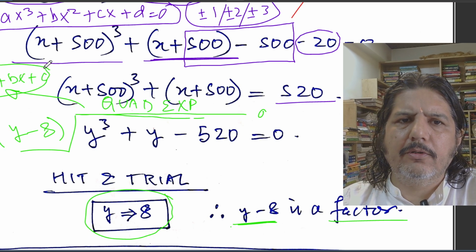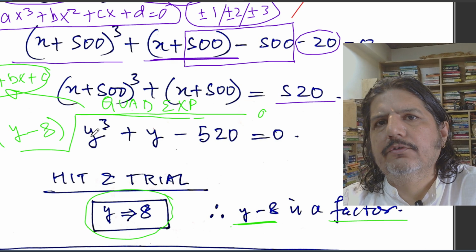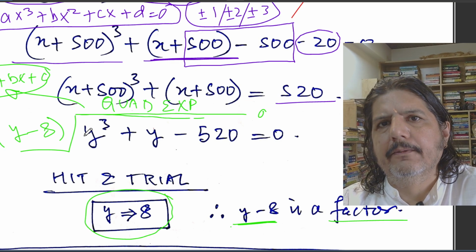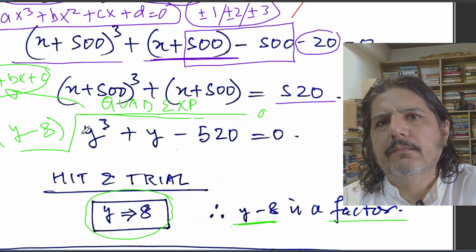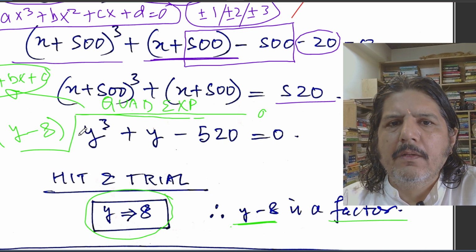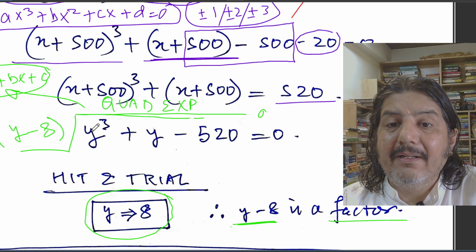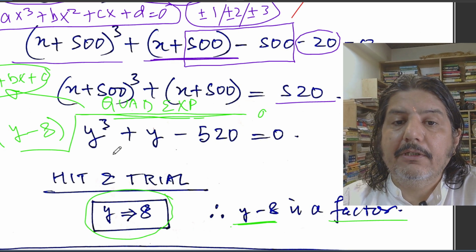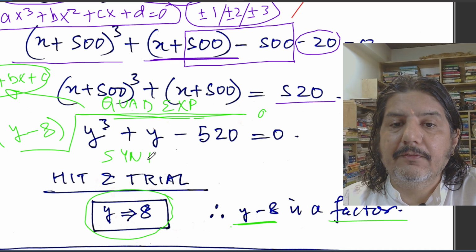But again, one method of solving this is using the long division method that is usually taught in class 9th and class 10th. But again, you should be aware that there is something called synthetic division.